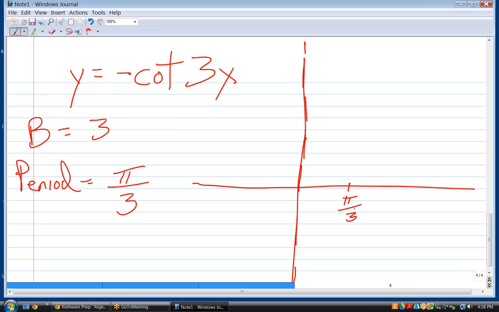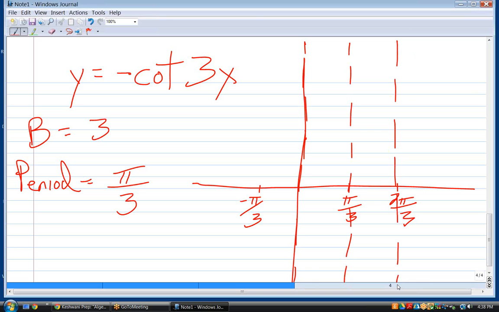And the next one, because they want 2 periods of this thing? Yeah, I think we're probably doing both sides of the graph. I think that's what he wanted. Okay, well, that would be 2 pi over 3. This would be minus pi over 3. And we're going to have vertical asymptotes right there, every pi over 3, the new period for this function.